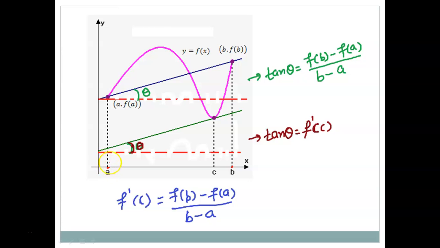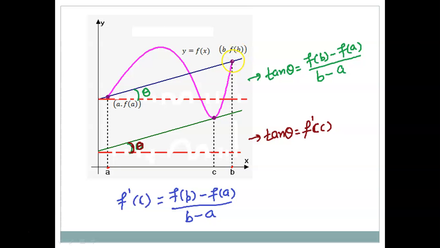Now if we extend this a here, it will intersect the curve y equal to f of x at this point, and the coordinates of this point will be a, f of a. The x coordinate is a and the y coordinate becomes f of a. Similarly, here this becomes b and f of b.